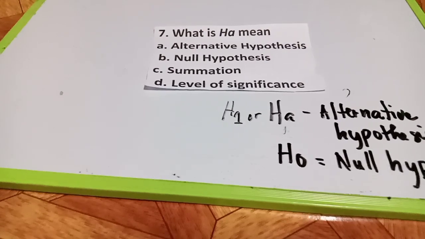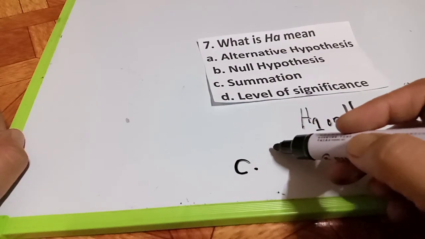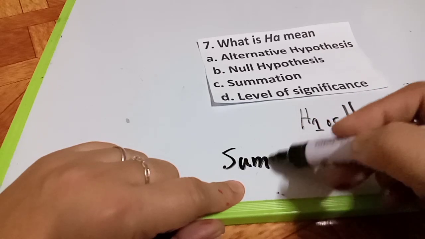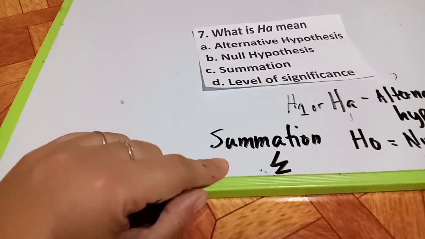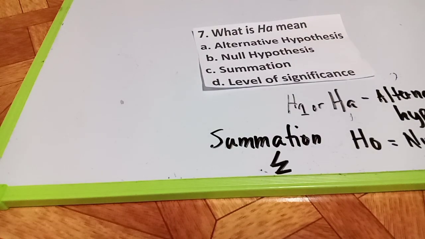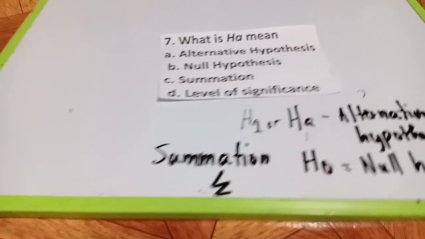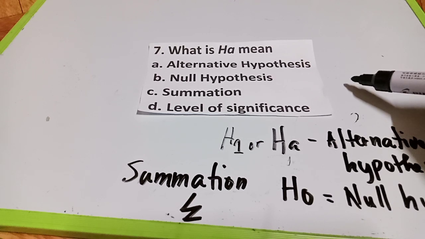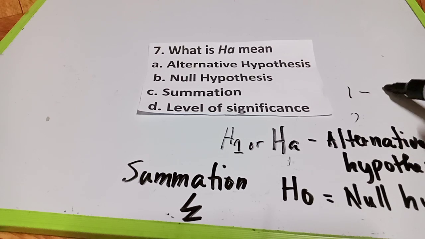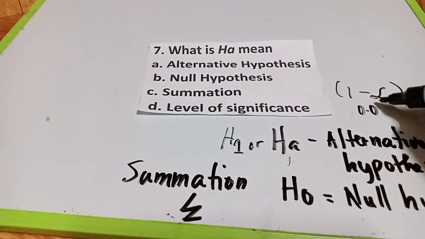So HO will be the null hypothesis. And then the summation sign will be summation. This is the sum. If we add something like 2 plus 3 plus 4, that will be the symbol. And then the level of significance is always used as 1 minus the alpha. The level of significance values are 0.05, 0.02, and so on.